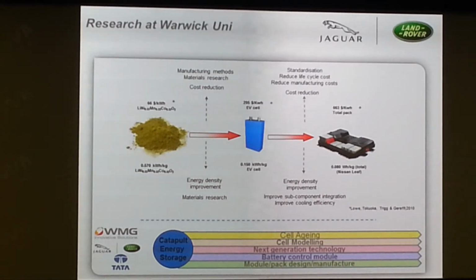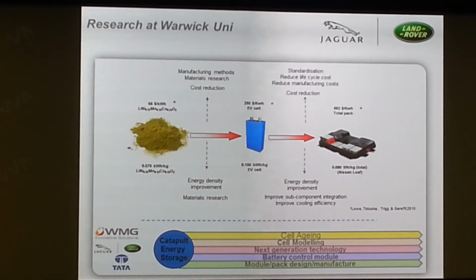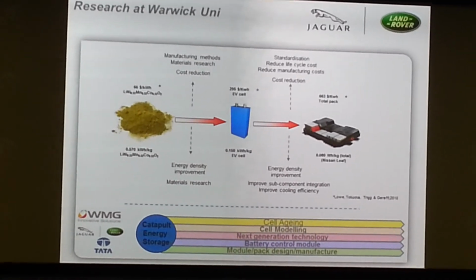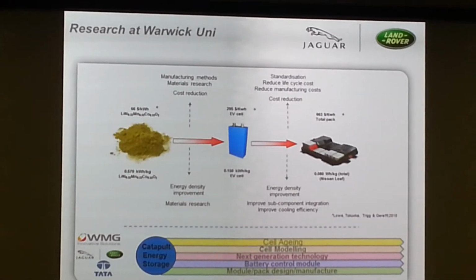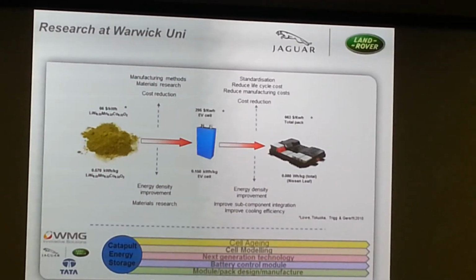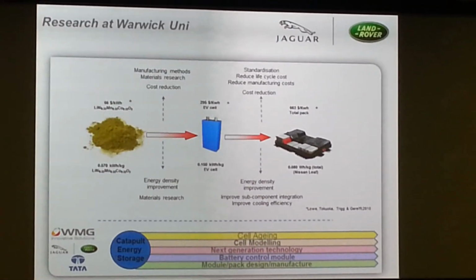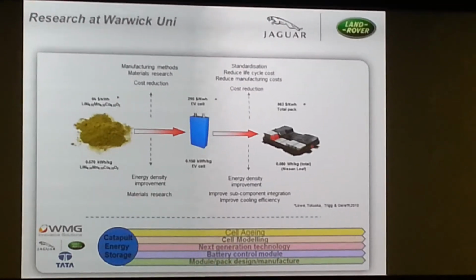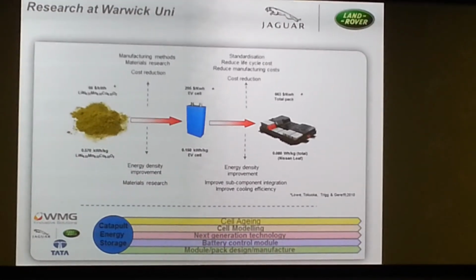It's looking specifically at that aging problem, trying to model the behaviour of the cells, trying to look forward, see what's coming up, see how we can build that into the strategy, trying to work out how we control those cells, and also working out how we optimise the design and packaging of the battery.